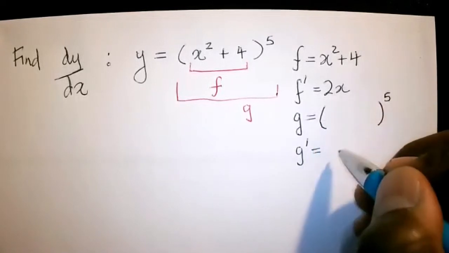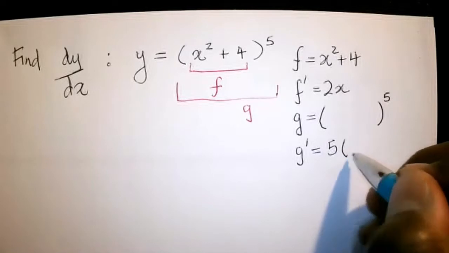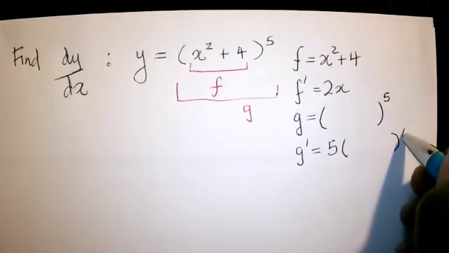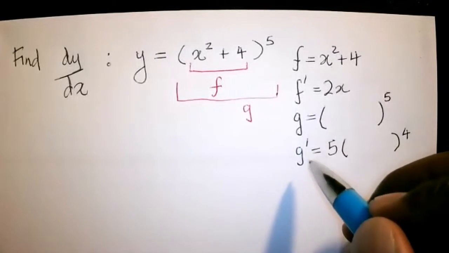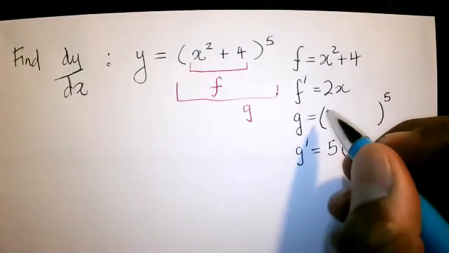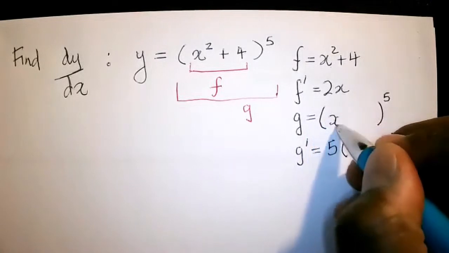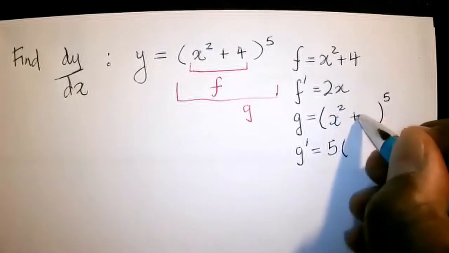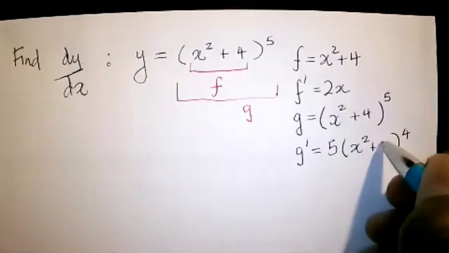So if we use the power rule like this, that means we now have 5 bracket to the power 4. Now that we have found the derivative of g, we can put back the contents of the bracket. So the contents of the bracket is what? x squared plus 4. So I'll put it back here as well, x squared plus 4.